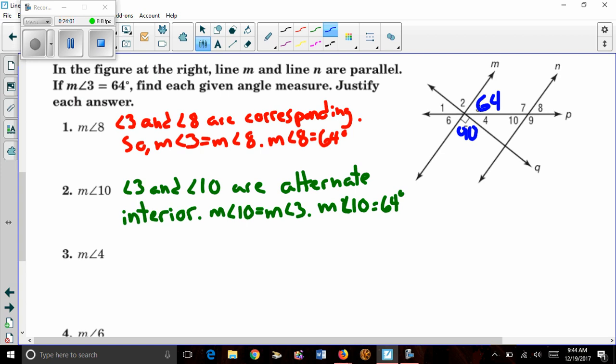That can help me figure something out about the measure of angle 4, our unknown.